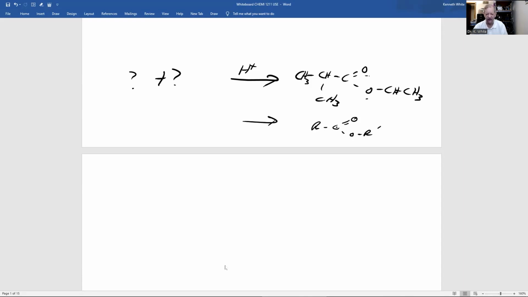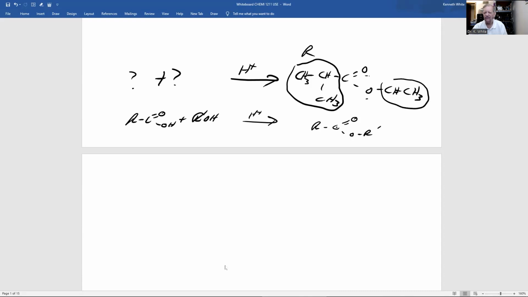We have an ester. And how do you make an ester? A carboxylic acid plus an alcohol. What's R? This. What's R prime? This. And now I can write my carboxylic acid.